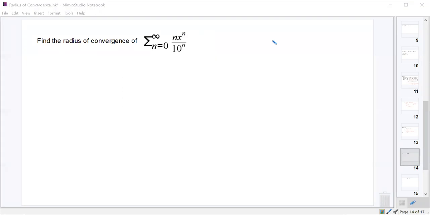Right. This is not all positive terms for all x. So we'll say for all real x, not always positive, which means that we cannot immediately use the ratio test.